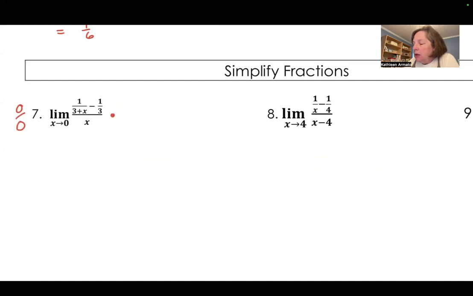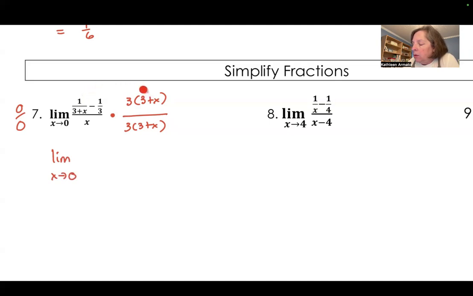So what I like to do is just clear the fractions. So I look at this and I'm like, hey, there's a denominator of 3 plus x and a denominator of 3. If I multiply top and bottom by that, that will clear the denominators.